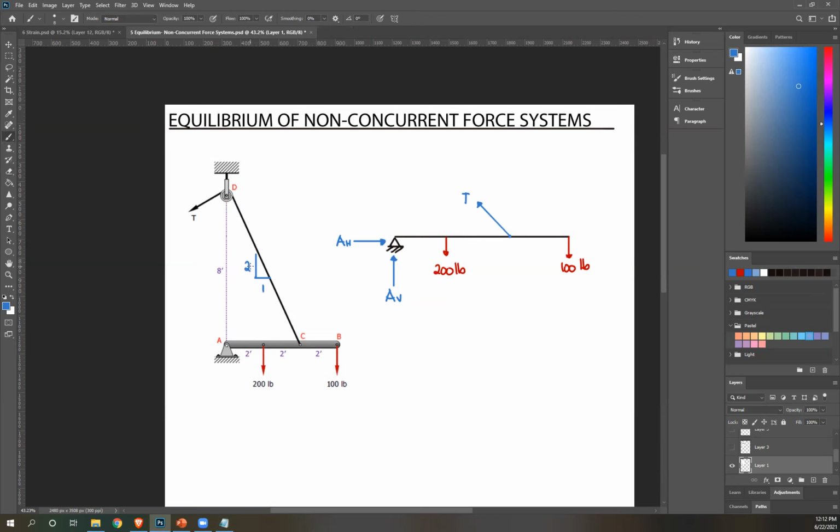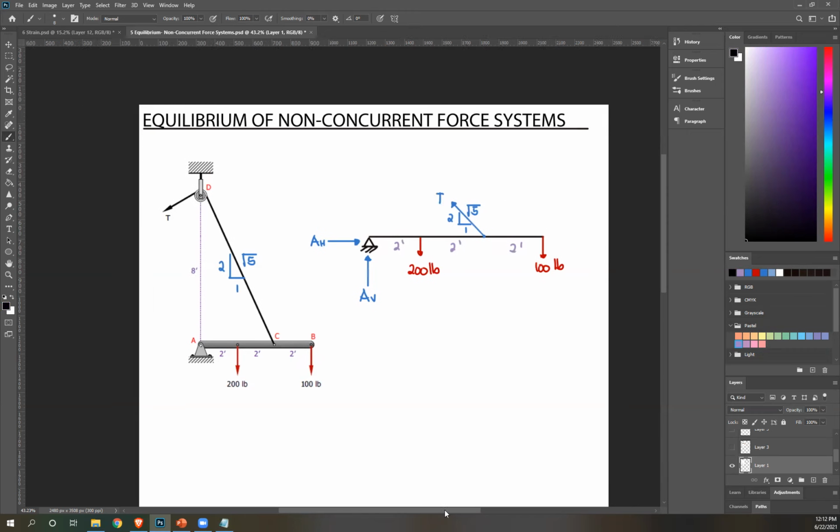And then compute for the hypotenuse, square root of 1 squared plus 2 squared, that's square root of 5. Okay, so now this has the same slope, 1, 2, square root of 5. Okay, and then don't forget the dimensions. This is 2 feet each. So 2, 2, 2. And now you have your free body diagram.